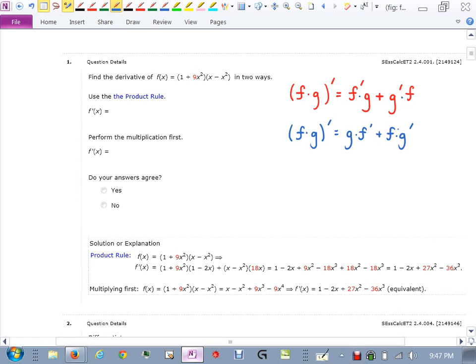Let me show you now the quotient rule, and I'll explain why I use the red formula instead of the blue. So with quotient rule, the formula that I will use is f prime g minus g prime f all over g squared. And the one the book uses is, let me reference this real quick because I haven't looked at this in a while. I didn't have it open to that page.